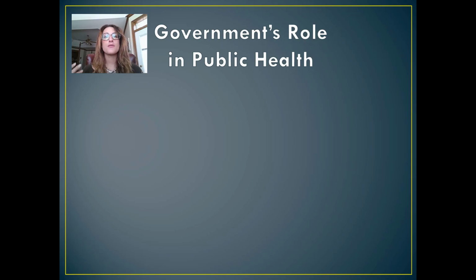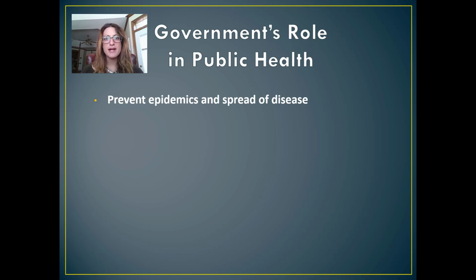All right, so what exactly is the government's role in public health? What are their major jobs? Well, first, they're here to help prevent epidemics and the spread of disease. The U.S. public healthcare infrastructure needs to be able to map and understand how diseases are progressing across the country.